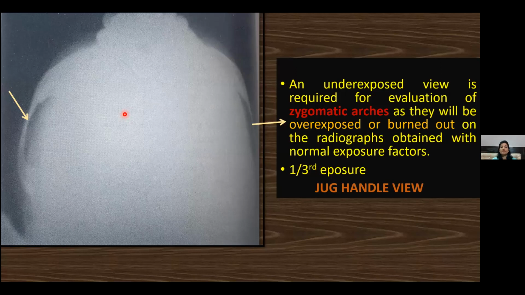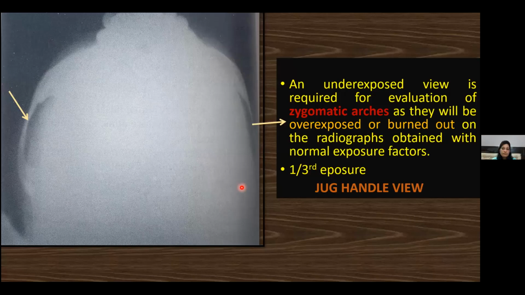I just reduced my exposure to 1/3 and I can visualize the zygomatic arches clearly. See this? This is a zygomatic arch. If I want to see fractures of the zygomatic arch, I will go for a modified submental vertex, which is called the jug handle view. Is it clear? Everything the same with 1/3 exposure is called the jug handle view.